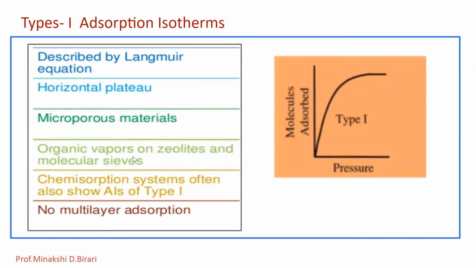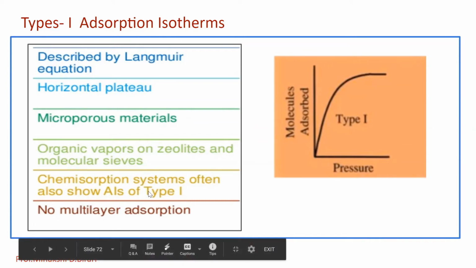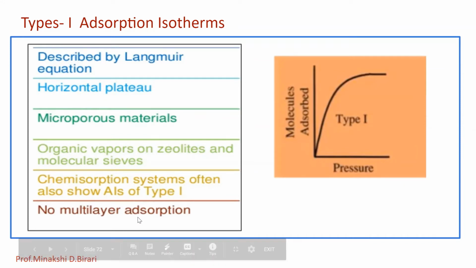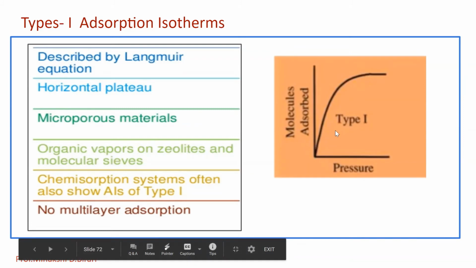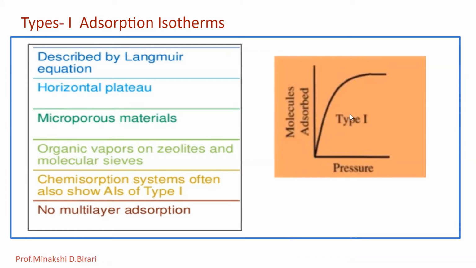Examples: organic vapors on zeolites and molecular sieves. Chemisorption systems are often also shown by this type of adsorption isotherm, and in this type there is no multilayer adsorption. When we observe the curve, there is a rapid increase in extent of adsorption at lower pressure.